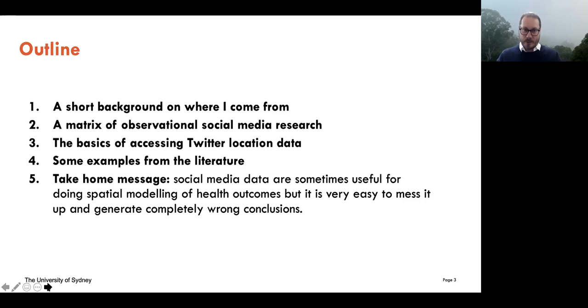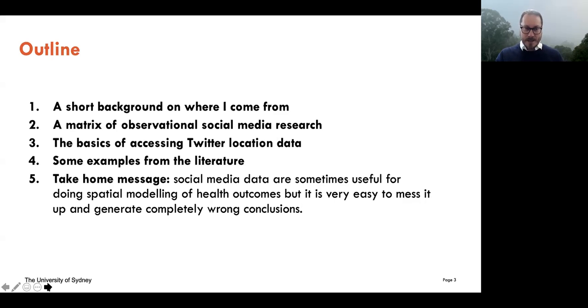Ultimately, I'm going to give you a take-home message: you can use social media data for a whole bunch of purposes, especially for spatial things. It can be useful occasionally, but it's very easy to mess it up and do it the wrong way. So keep that in mind as we go through the next steps.